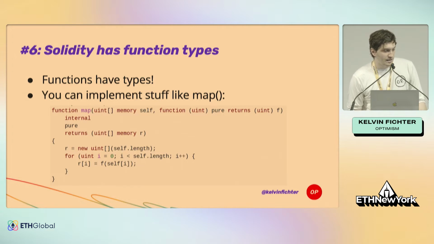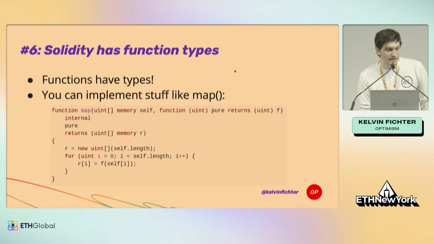All right, another one that not a lot of people know about, but it's pretty cool. Solidity has function types, so you can actually pass references of functions into other functions, which allows you to do things like map. This is one of the examples from the Solidity docs.